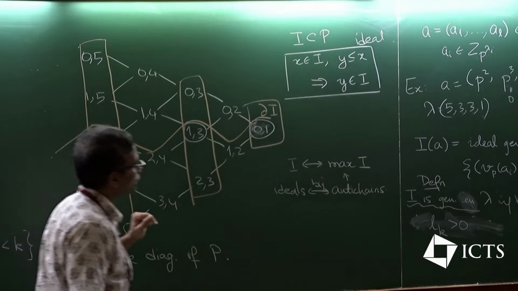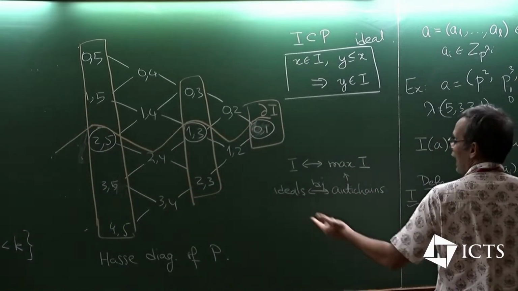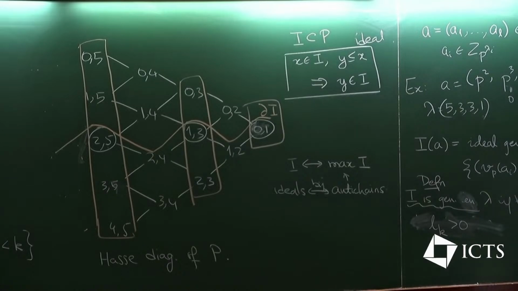So the orbits are in bijection with anti-chains in these posets that are contained in these columns. Okay, so I'll just indicate the proof of this. It's not very difficult.